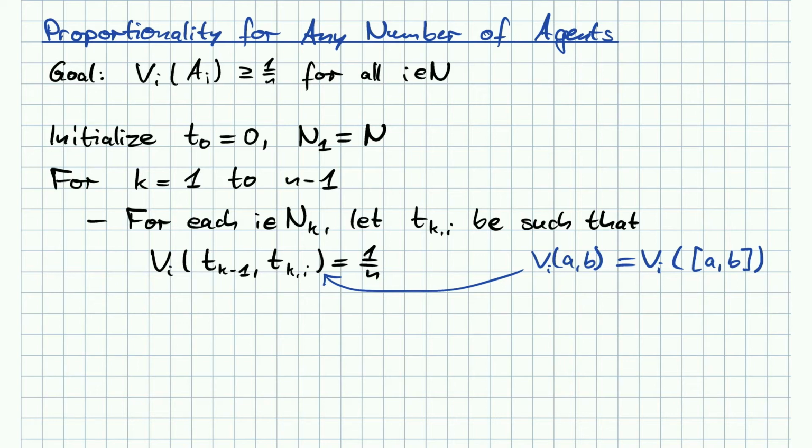So we have already cut the cake up to tk minus 1. So only what's from tk minus 1 to 1 is what is left of the cake. And then we're asking, okay, how much would you need to get this 1 over n fraction?